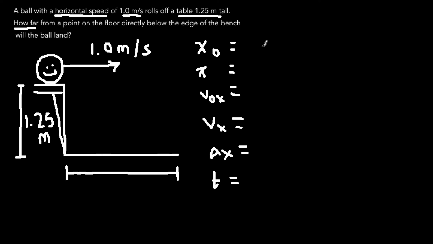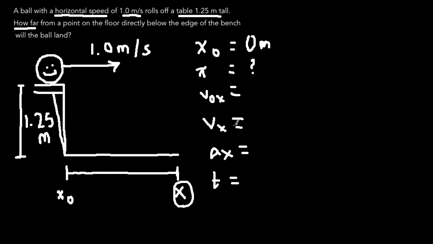Actually, let's fill these in. This here is our initial position, so this is x naught, and for ease of computation, we can just say this is 0 meters. Essentially what we're trying to find then is this right here, x. How far does it go?